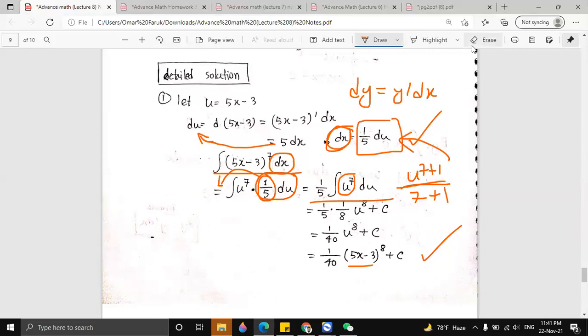So altogether, this is 1 by 5 into 1 by 8 into u to the power 8 plus c. 5 multiplied by 8 is 40, so 1 by 40 u to the power 8 plus c. Then you substitute u here, because at the first stage we let u equal 5x minus 3.